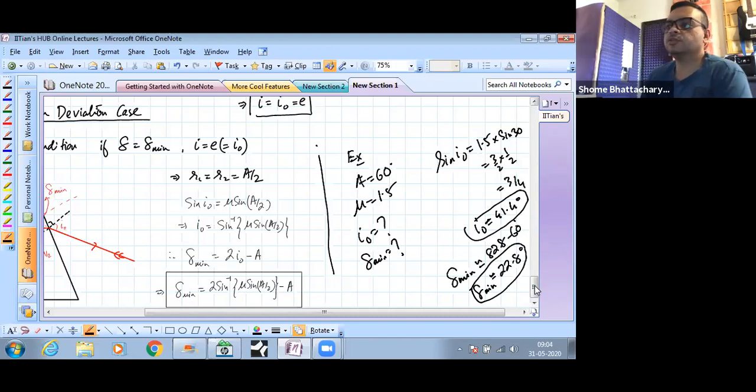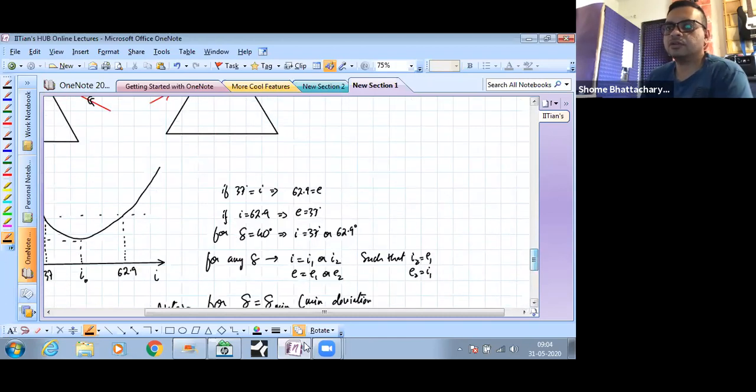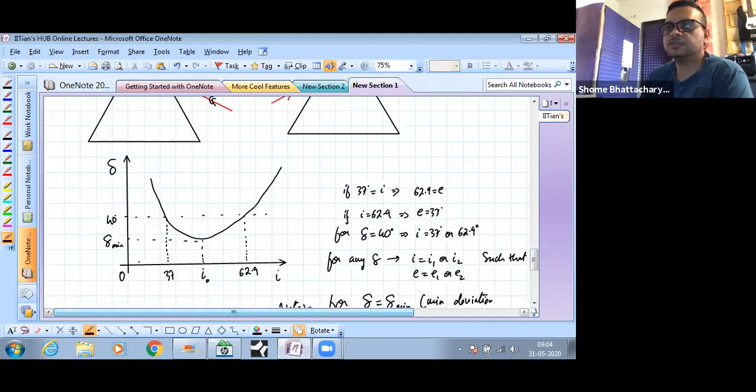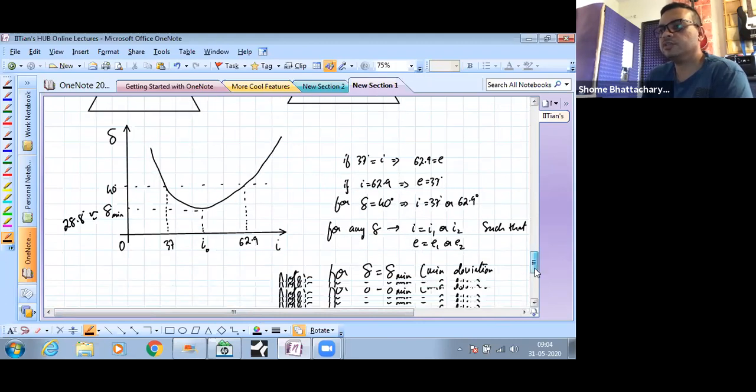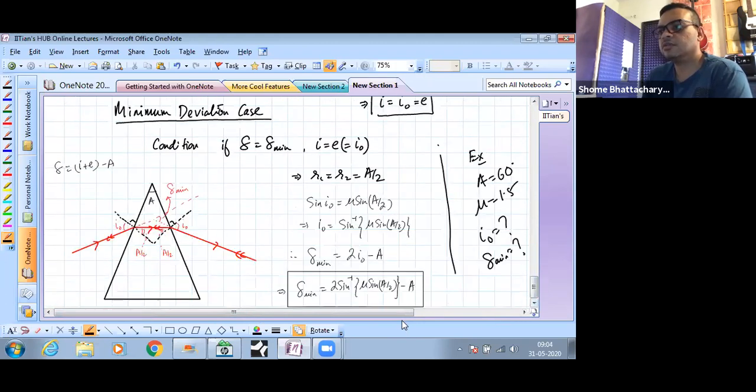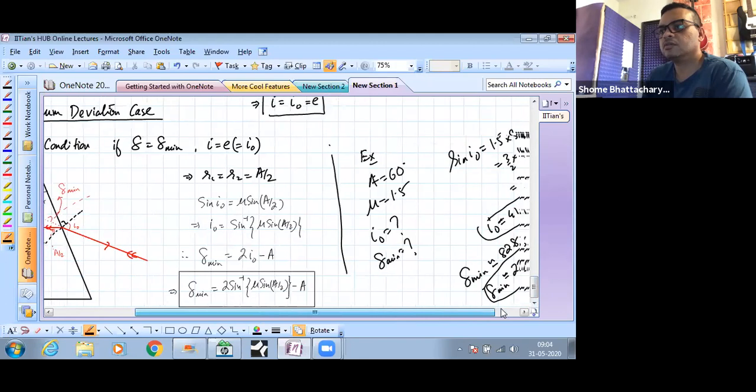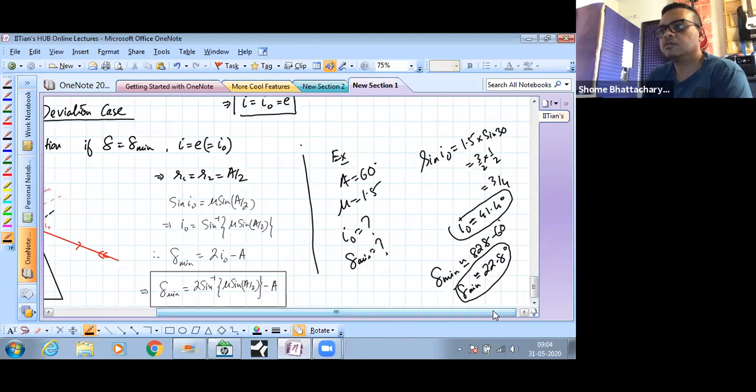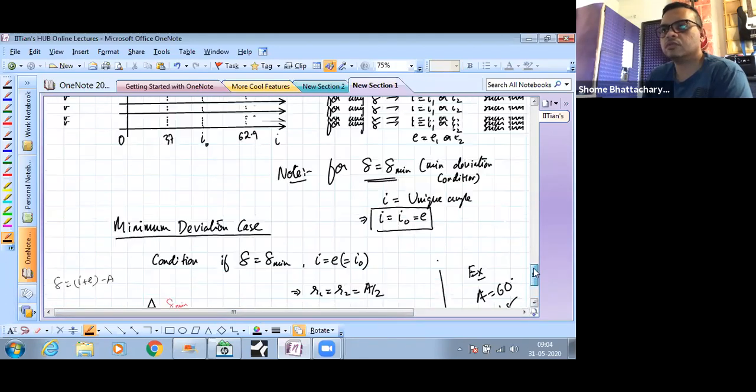Okay. So if we go back to that example graph that we had drawn, you can see here that this will be about 28.8 degrees. This will be about, how much was it? 40 point something. 41.4.